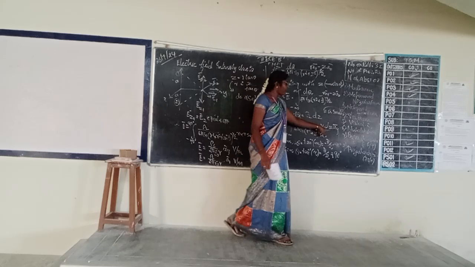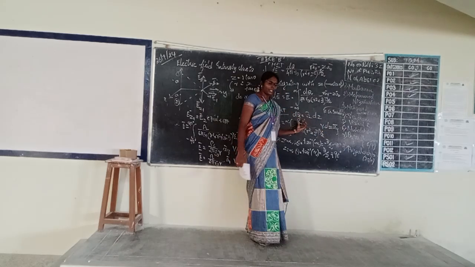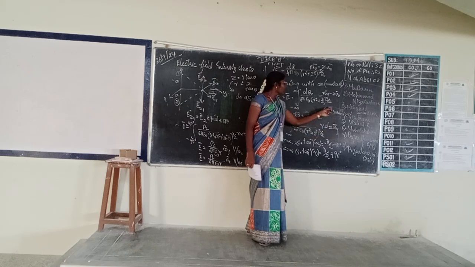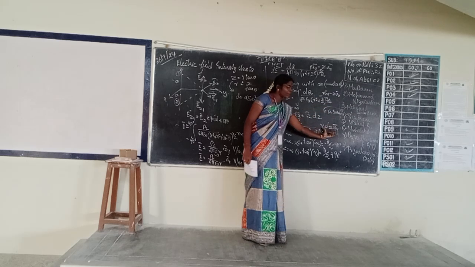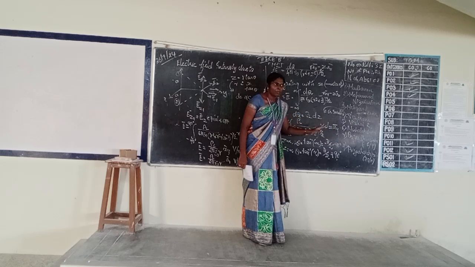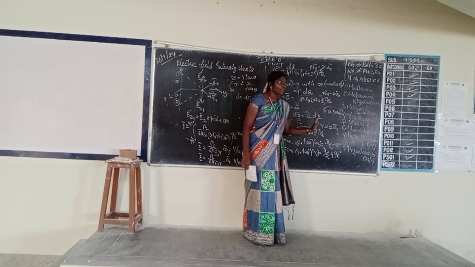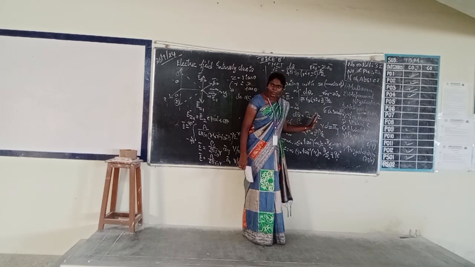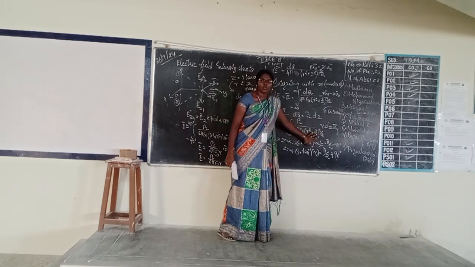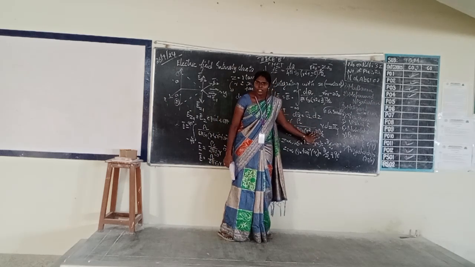Rho L into dz. The case is dq is rho L dz. Here r into a_r is written as r into a_r, since everything is in multiplication they have written it separately. Everything is in multiplication mode. The denominator 4 pi epsilon naught remains the same, with the whole power 3 by 2. Clear?